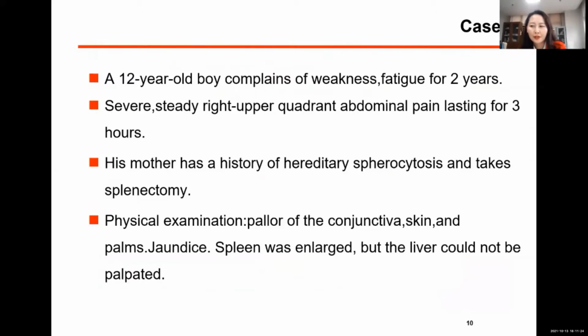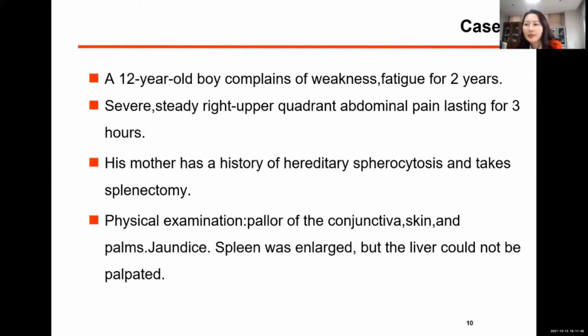A 12-year-old boy presented to his doctor's office with complaints of weakness and fatigue for 2 years prior to the office visit. He has severe, steady right upper quadrant abdominal pain lasting for 3 hours.